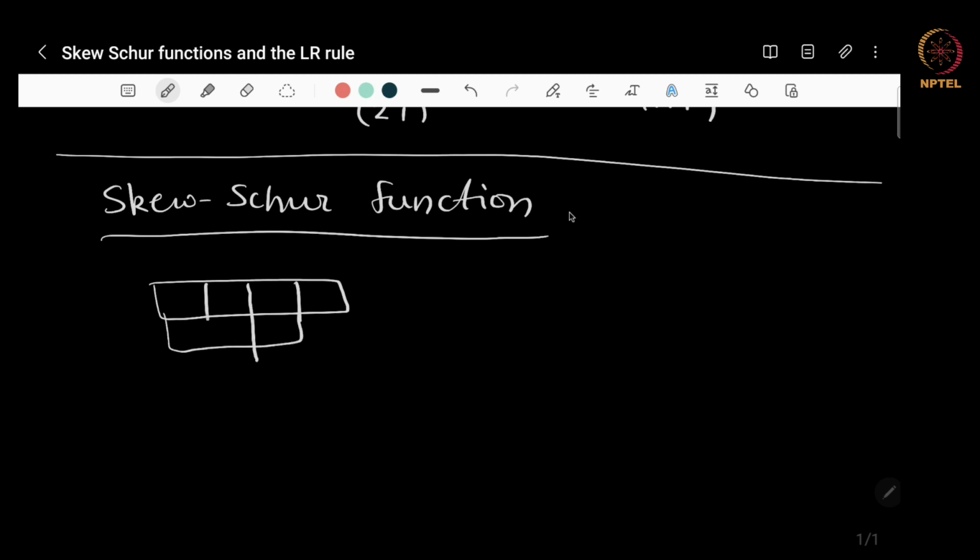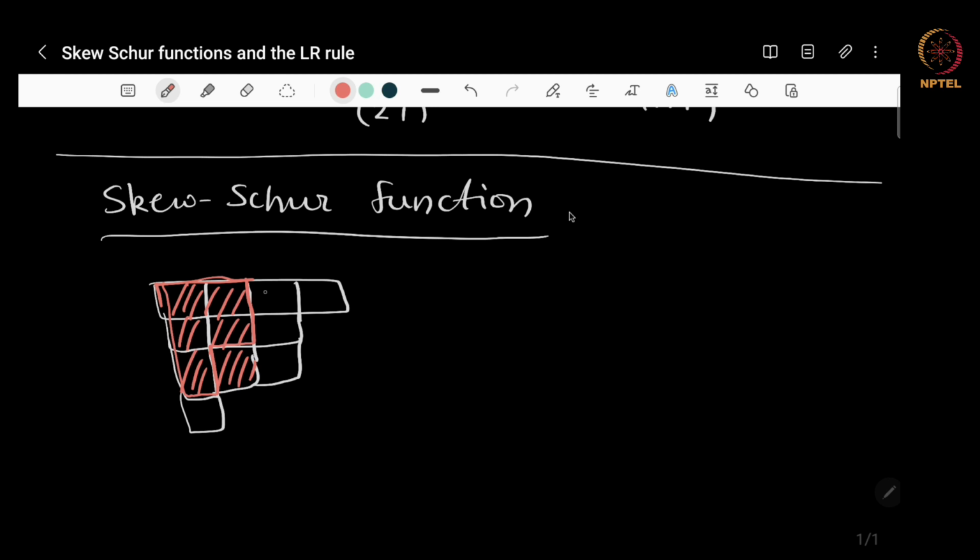So here's, say, an example of a shape. So here I have some shape lambda, but what I do is this, I have also sort of an inner shape. So for example, here's a shape mu. There's an outer shape and an inner shape. Okay, so what I don't allow is to fill anything in the inner shape.